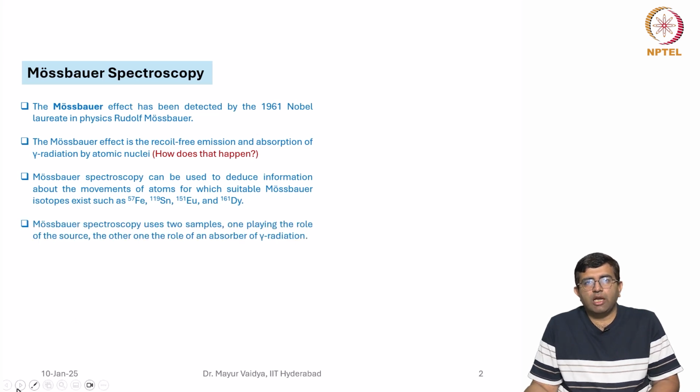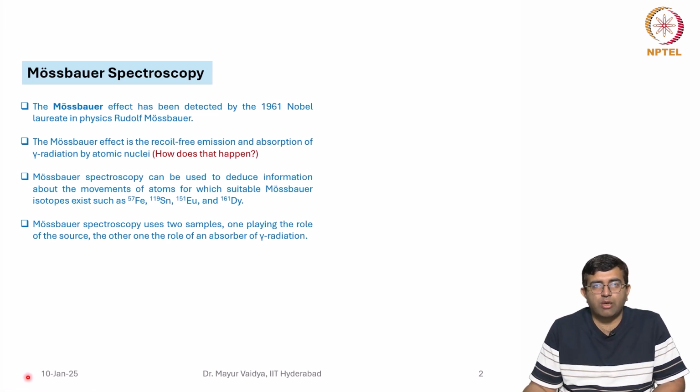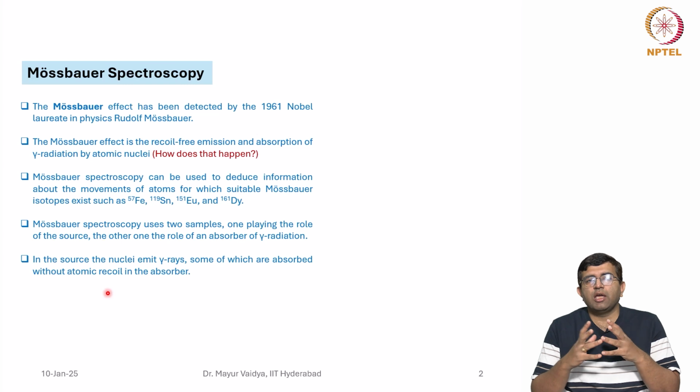So, it uses basically two samples, one which plays the role of the source and another which plays the role of the absorber of the gamma radiation. So, the source nuclei emit gamma rays, and some of which are absorbed by the absorber without any atomic recoil.